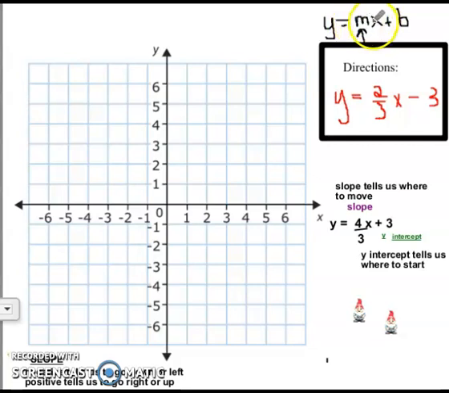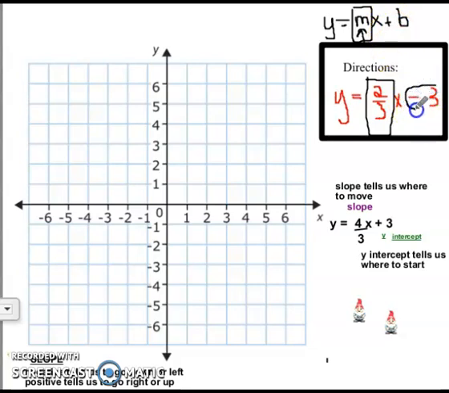So any number you have before the x is your slope. So my slope in this one is 2/3. And then the b is my y-intercept. Now, the b is not my y. A lot of kids see this y and they get confused. No, the b is where the line will cross over the y-axis, the y-intercept.